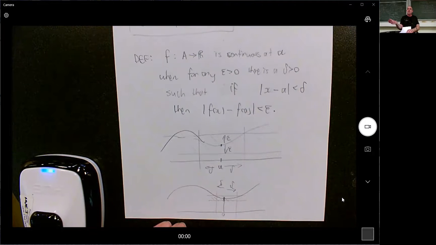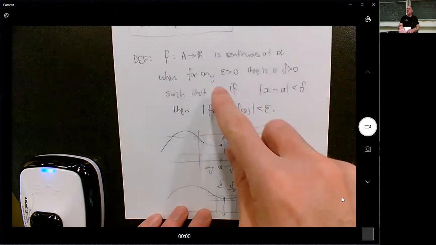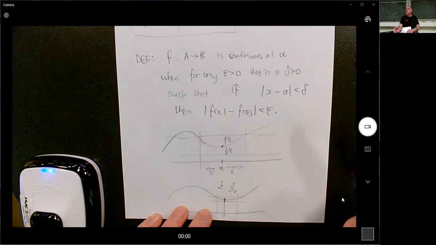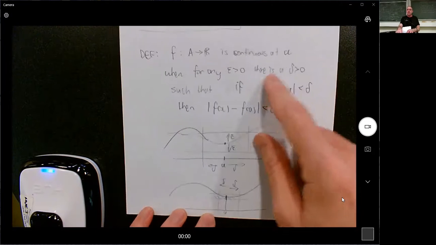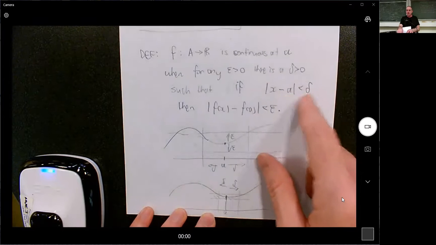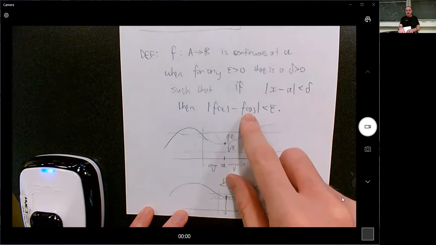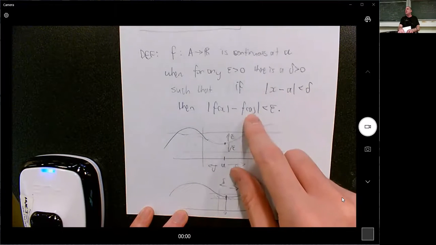And then you have to convince the reader and yourself that there is a delta that goes with that epsilon. And so you have to tell them what the delta is, or convince them that it really exists. And then also simultaneously show them that whenever x is closer than delta to A, then f of x is closer than epsilon to f of A.